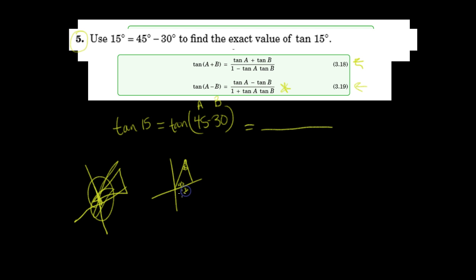So this was 1 over the square root of 2, 1 over the square root of 2, and this was 1. So tangent of 45 is y over x. So we can say that the tangent of 45 is equal to 1 over the square root of 2 over 1 over the square root of 2, which is equal to 1. Okay, so that's how you find the exact value.